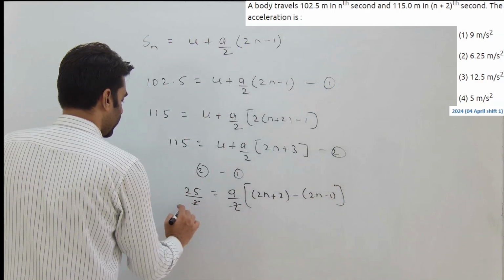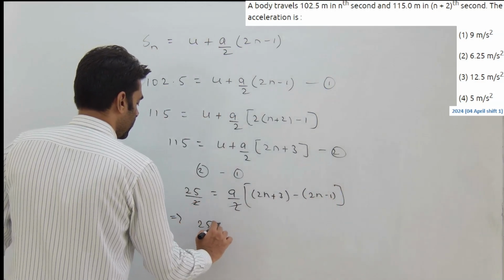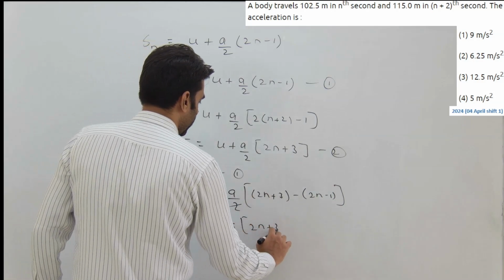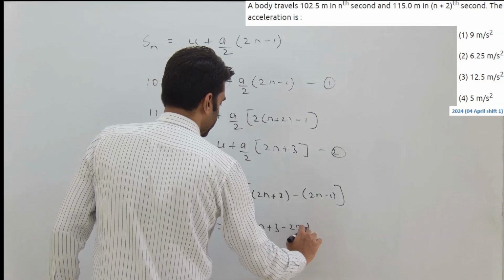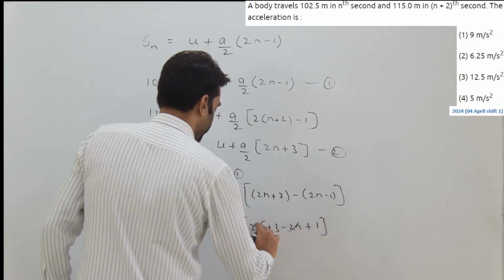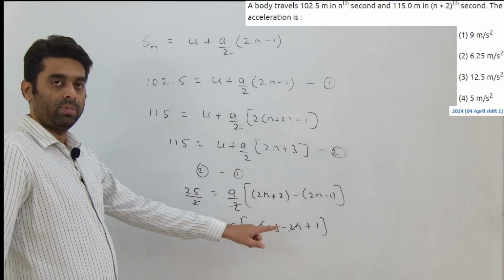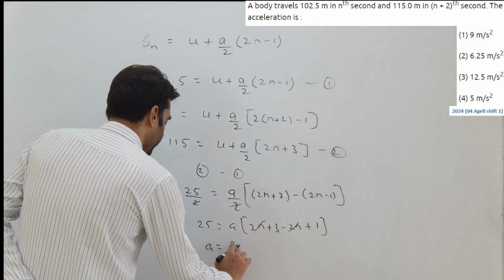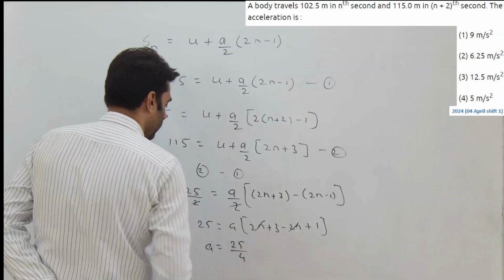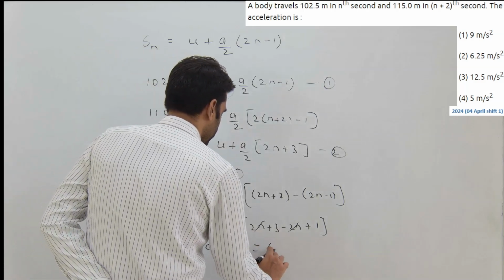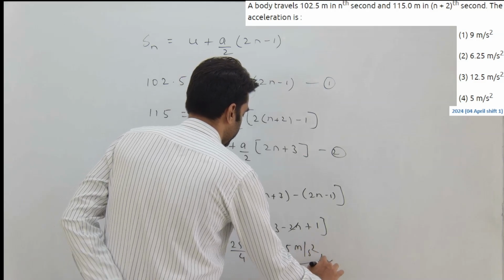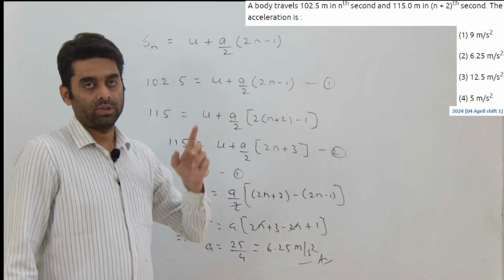So 2 cancels out. 25 is equal to a (2n plus 3 minus 2n plus 1). 2n cancels out. We have 3 plus 1, 4. Ultimately acceleration comes out to be 25 by 4, which is 6.25 meter per second square, right? You can check the option in front of you.